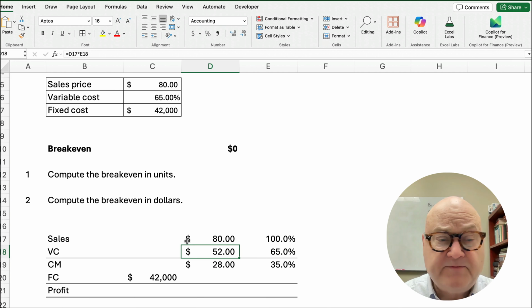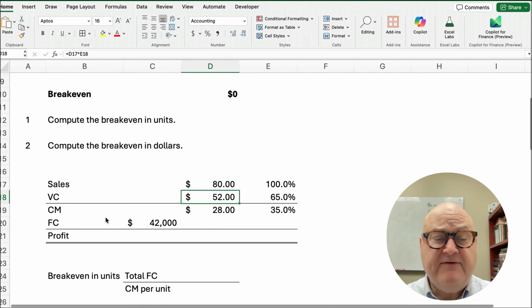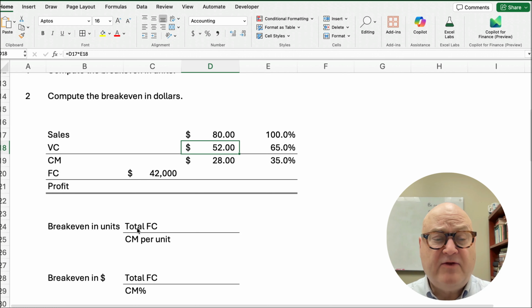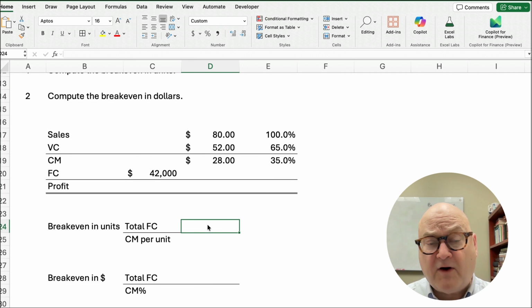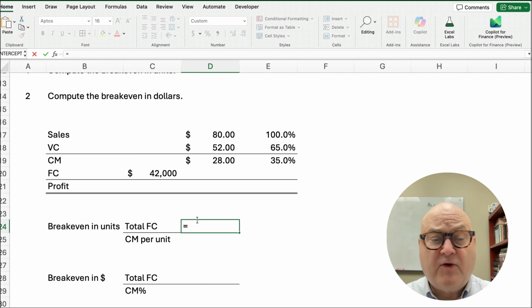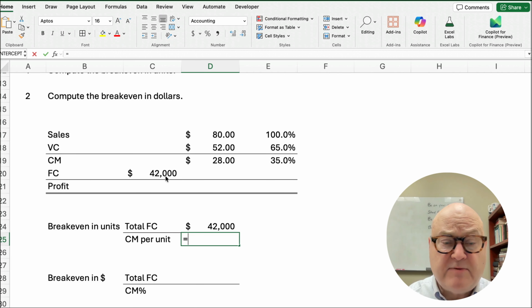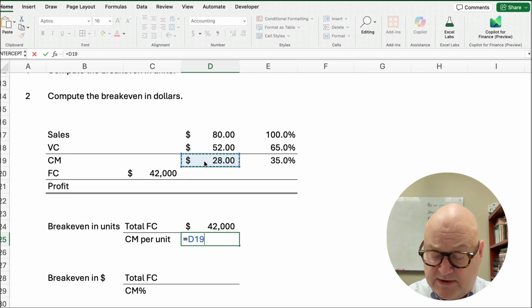So we're getting closer. Now, to do break-even in units and break-even in dollars, we need to know the total fixed cost and the contribution margin either per unit or the contribution margin percentage. We have all this so far.